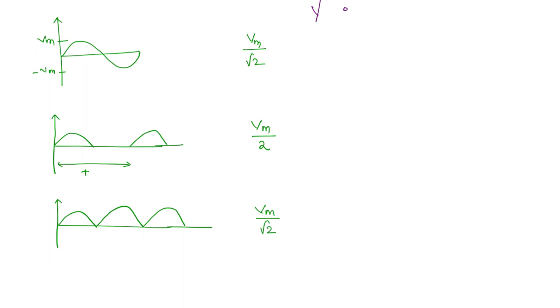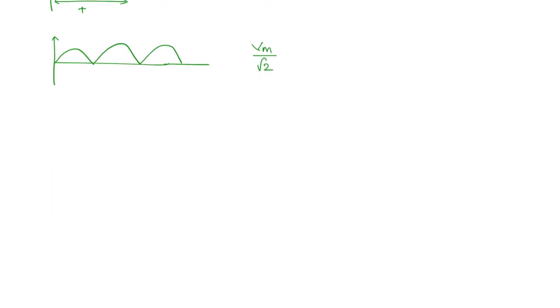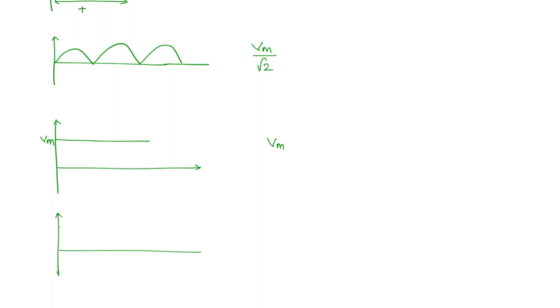You can see a similar case in the case of the step input and the square wave. Let us say this is the step input. This value is Vm. In this case, the RMS value will simply be Vm. Now you take the square wave. That means for half of the time it will be plus Vm, and the other half of the time it is going to be minus Vm.